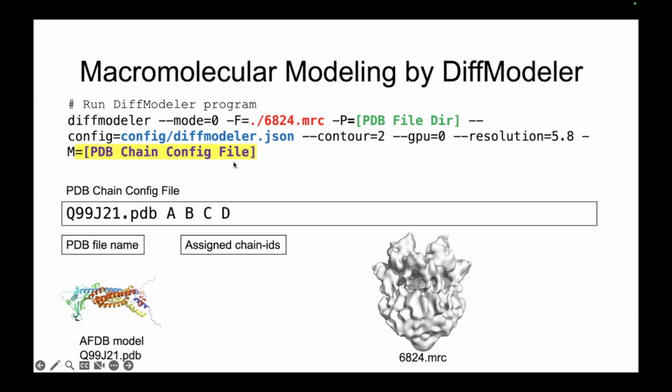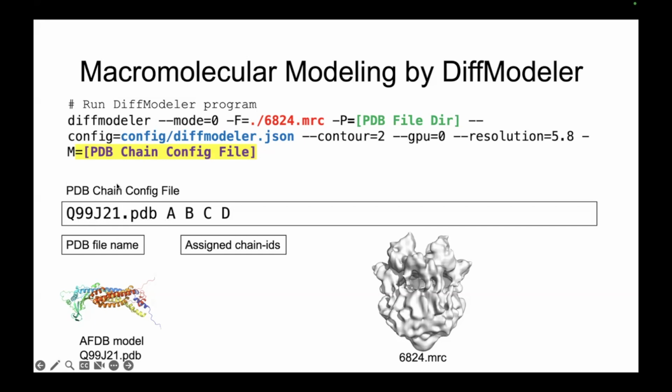This file controls how many copies you want to generate from the input PDB files. For example, this is an AlphaFold DB PDB structure. I want to use this PDB file to make 4 chains, A, B, C, D. In that case, in the config file, the first column is the PDB file name.